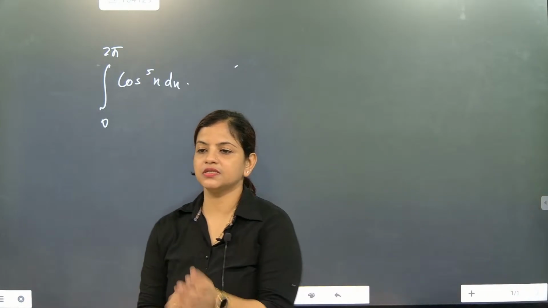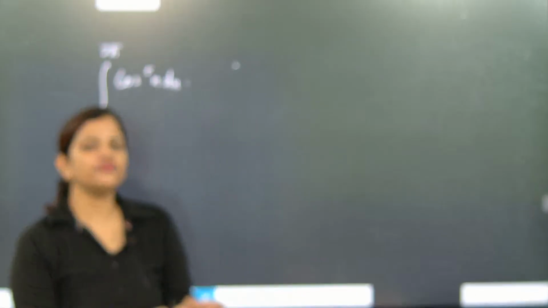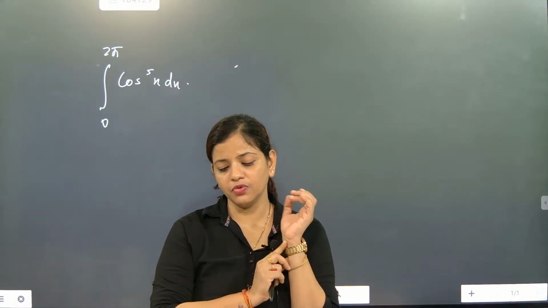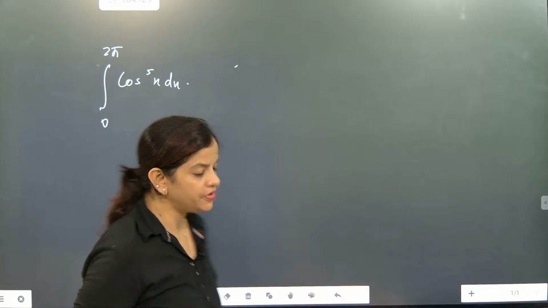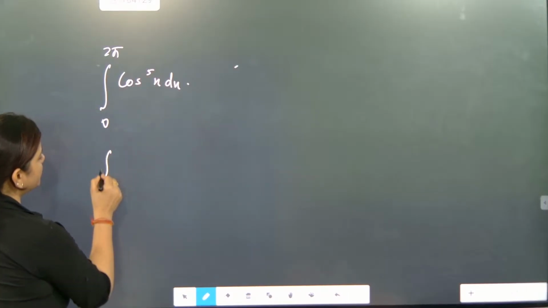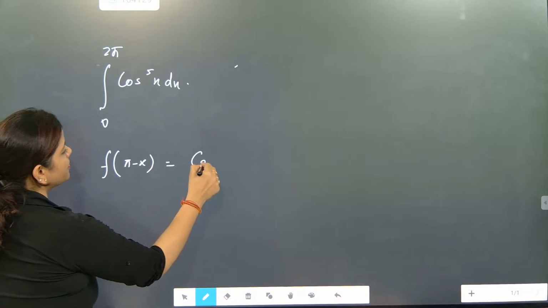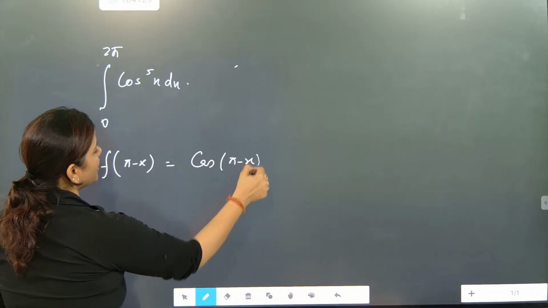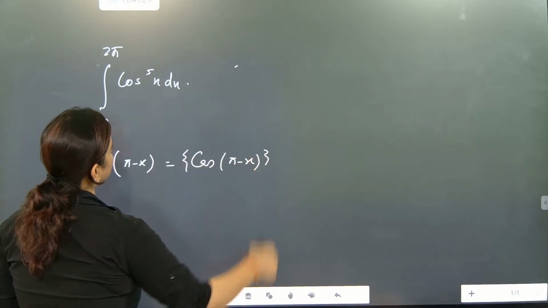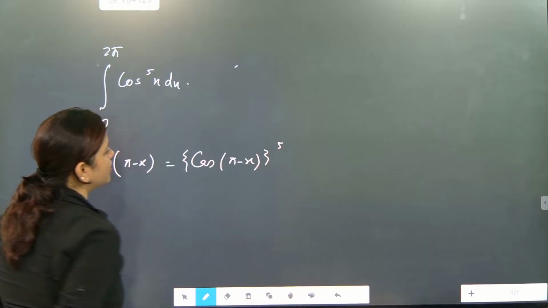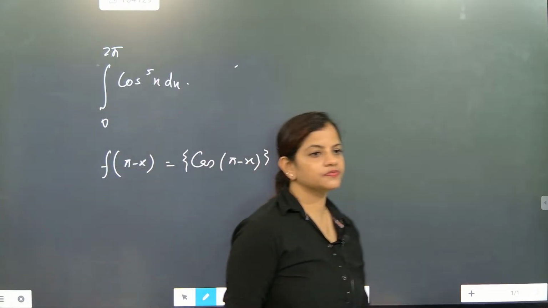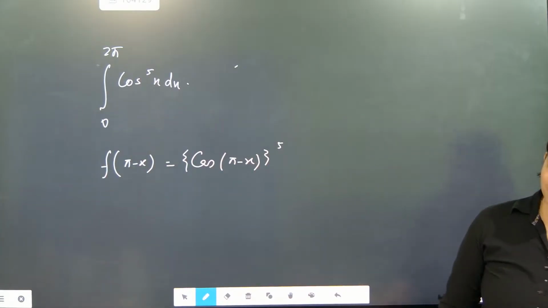Excuse me, monkeys. Now look here. Half of that part, now f of minus x, if we do, the integral part when you are solving. See, look here. First you see f of pi minus x we are going to implement here. It will become cos of pi minus x to the power 5 you put. What answer is coming, say? Coming positive or negative?